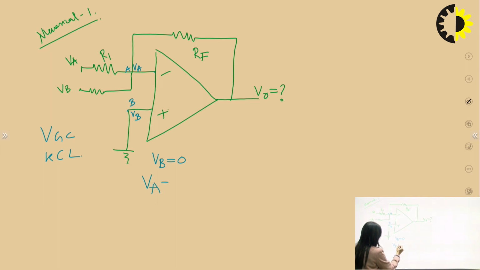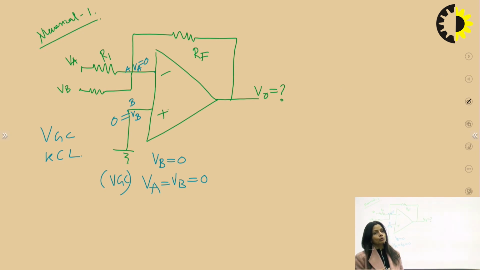VA is equal to VB from VGC, and VA is also equal to 0. If this is equal to 0, then this is also equal to 0, right? The voltage of node A, I am repeating, is equal to 0 volts because VB is connected to ground.